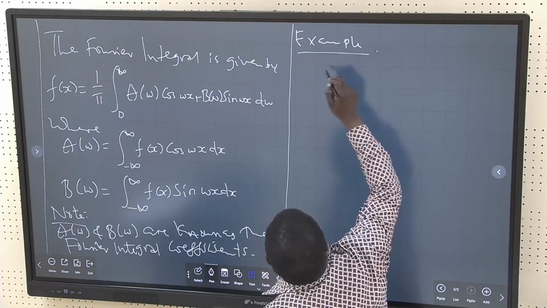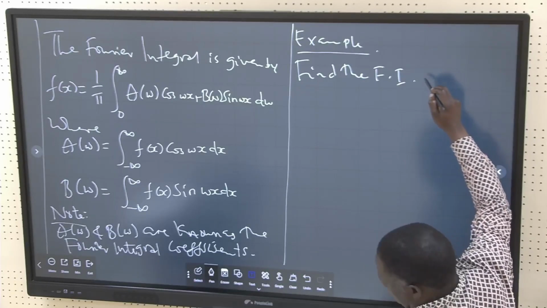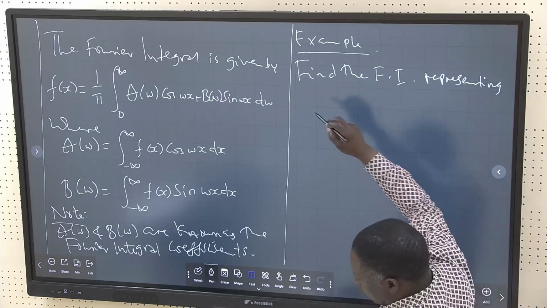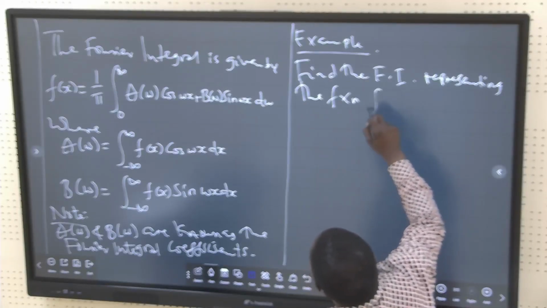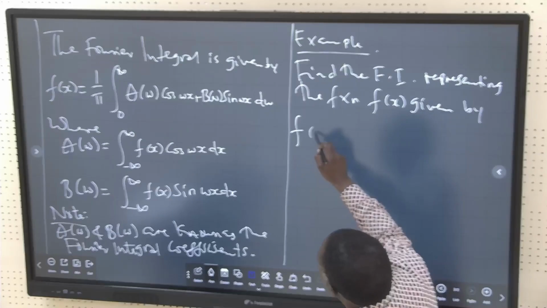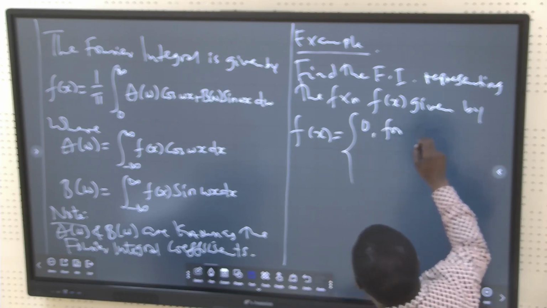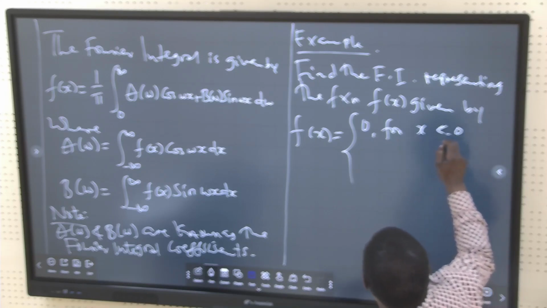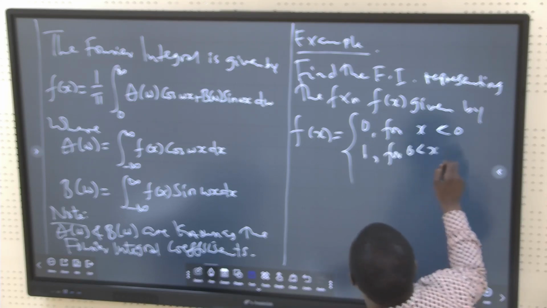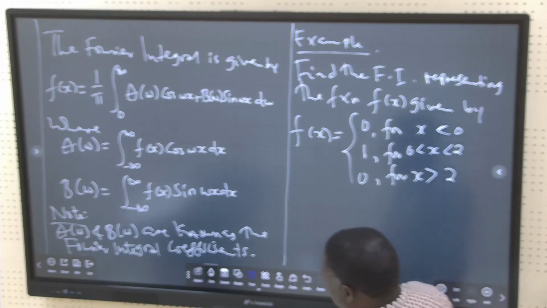Example: find the Fourier integral representing the function f of x given by f of x equals 0 for x less than 0, then 1 for 0 less than x less than 2, and 0 for x greater than 2.